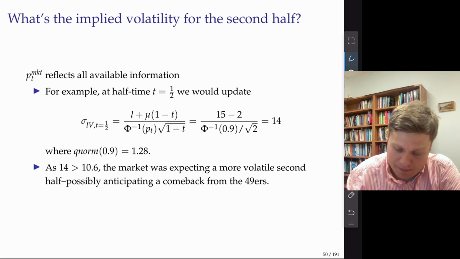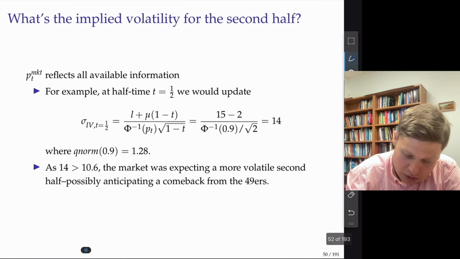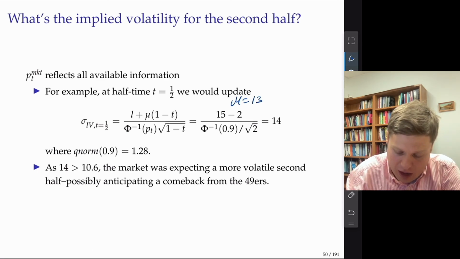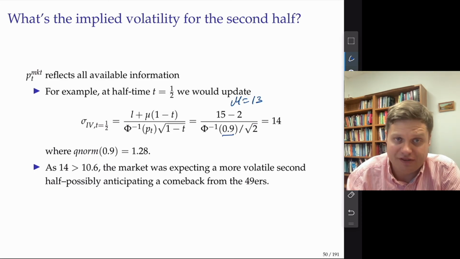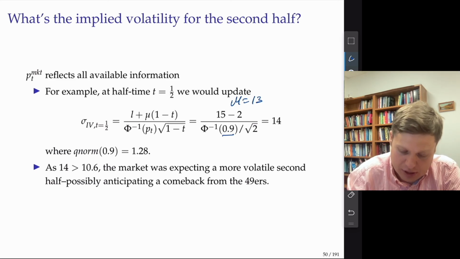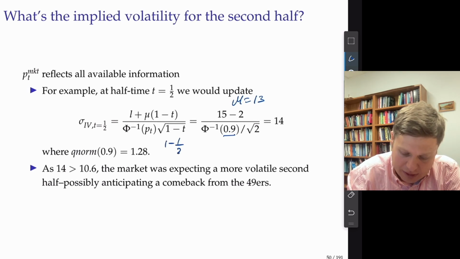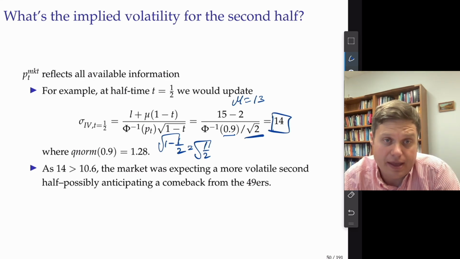So our new mu is 13, and then we apply phi inverse to the 0.9, the probability of winning, and divide by the square root of 1 minus 1/2, so it's just divide by the square root of 1/2, which gives us 14.